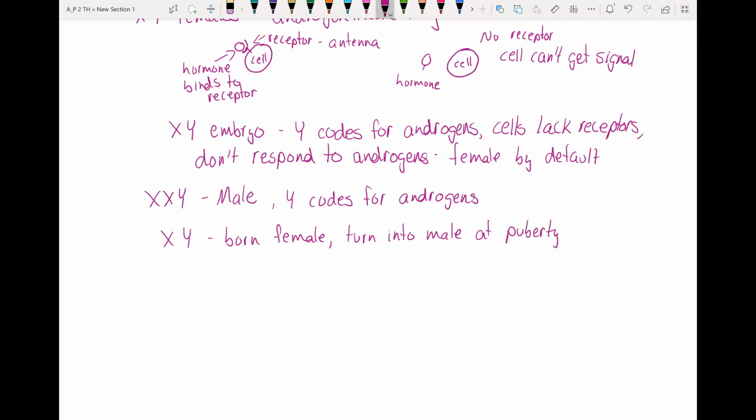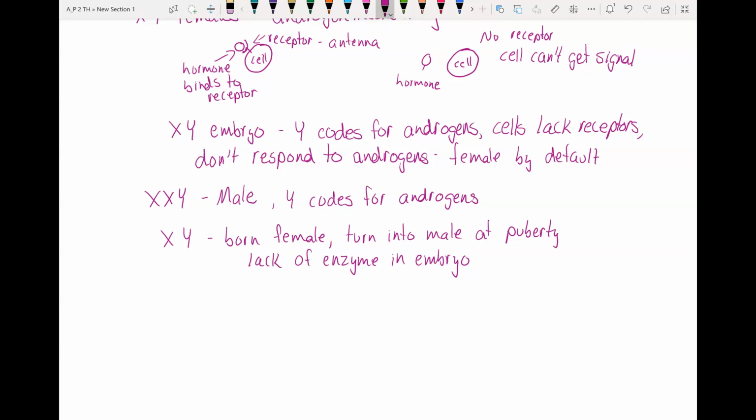And this is due to a lack of an enzyme in the embryo. And this enzyme is needed in order for the testosterone to work.